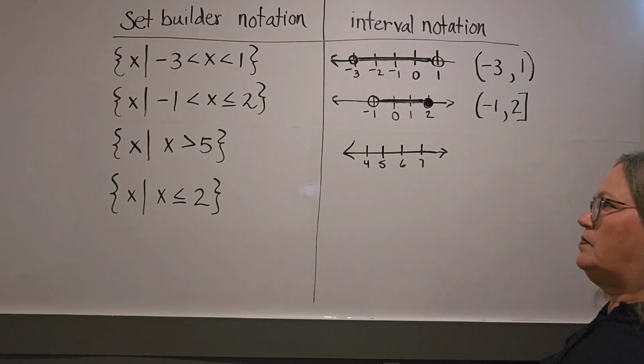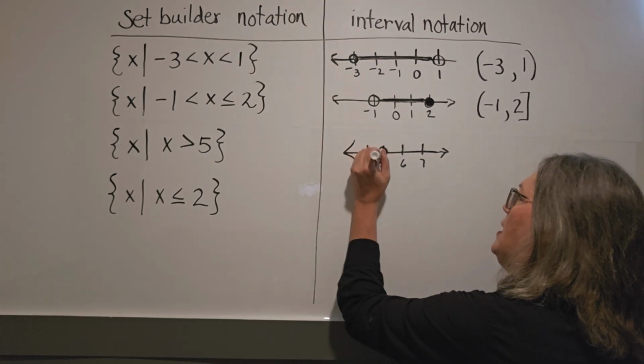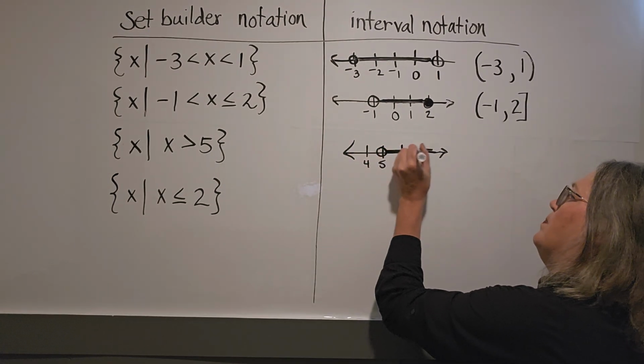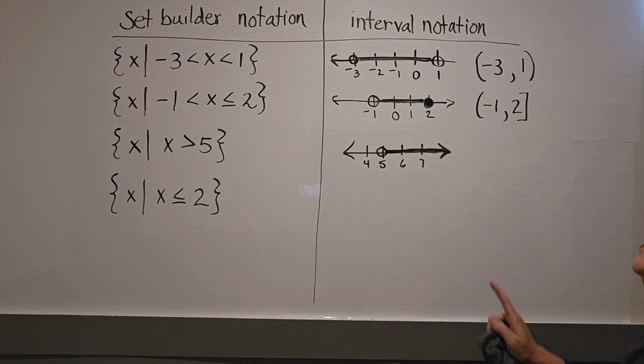Now, x is strictly greater than 5, so we're going to use an open circle, and then we're going to shade in the number line greater than that 5.